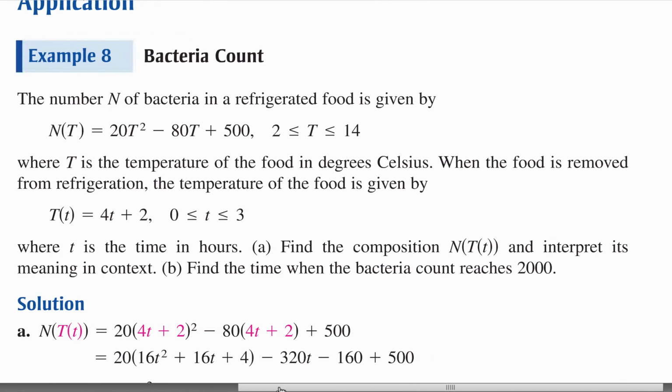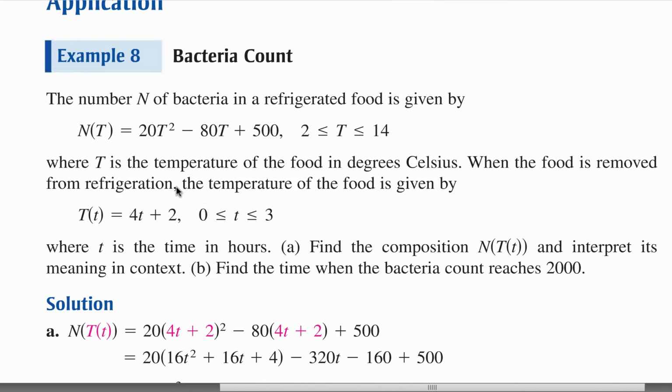When the food is removed from the refrigerator, the temperature of the food is given by the following. Temperature is 4t plus 2, but notice it's lowercase t, and t is time, where time is in hours. Find the composition of N of capital T of little t, and interpret its meaning in context. And then B, find the time when the bacteria count reaches 2,000.